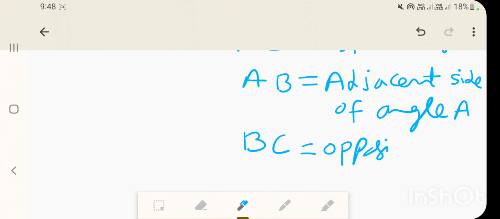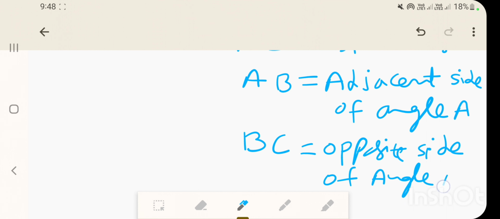Right. So these are the three sides in a right triangle we have.